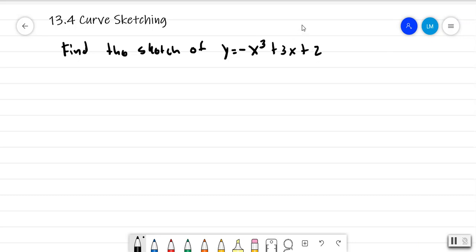Now, for this equation, let's go ahead and say what the domain of this function is. The domain is minus infinity to infinity, and it also has a range of minus infinity to infinity.